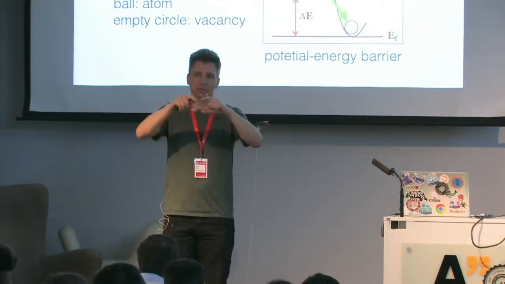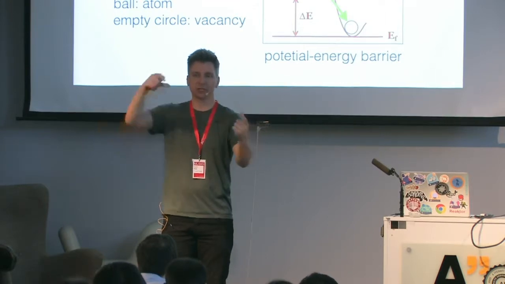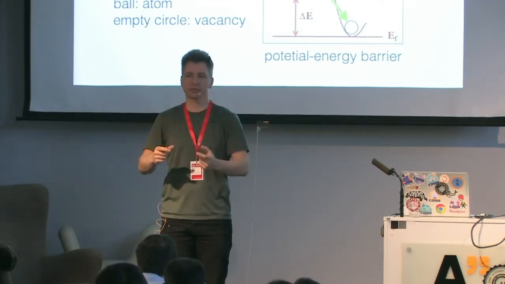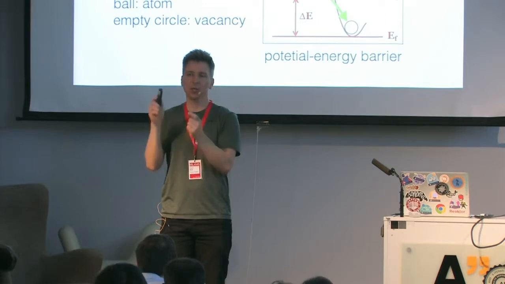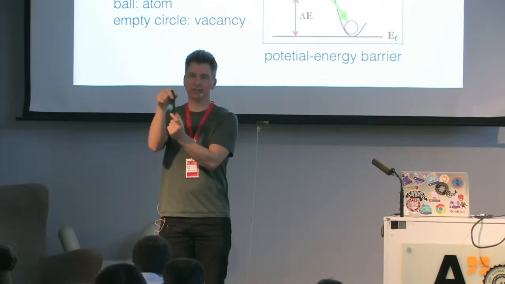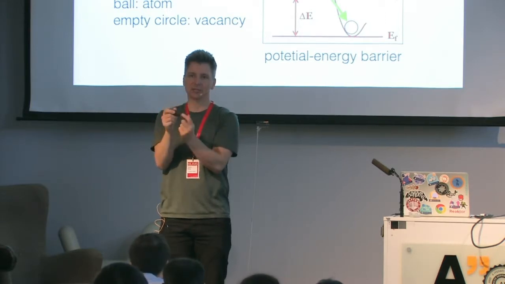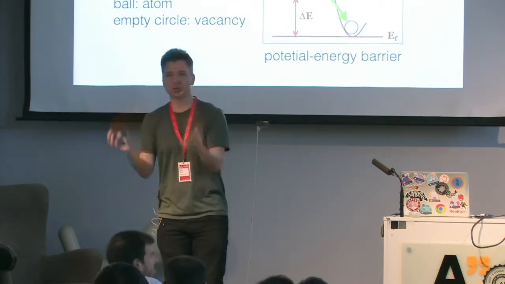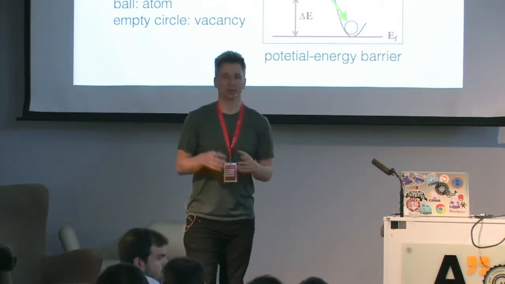So we have this discrete representation. There are some vacancies. There are multiple different elements. And we ask, which is the next transition going to happen? From which point in the lattice does it move to the next? Did that answer the question? Yes. So we're constraining really heavily the composition of the material.